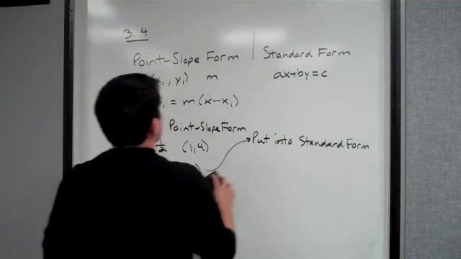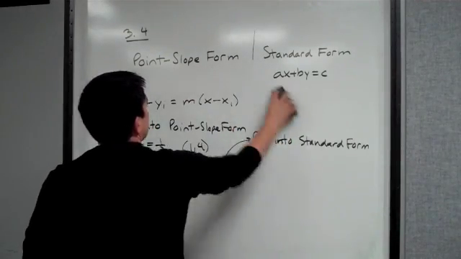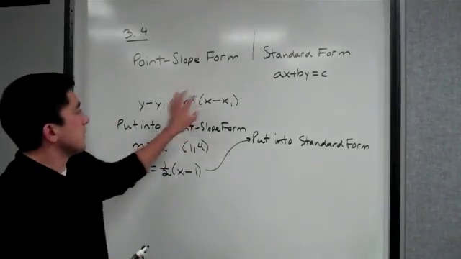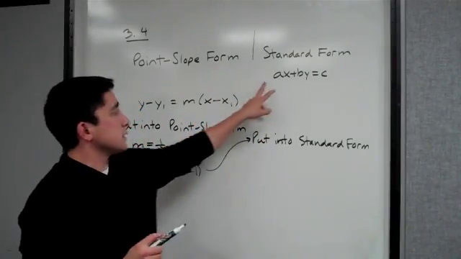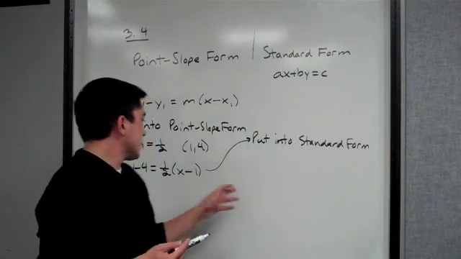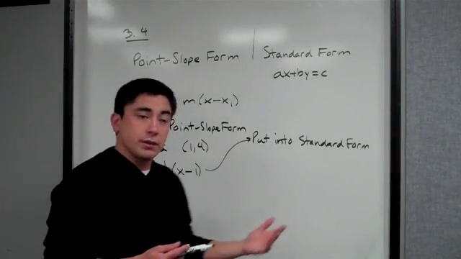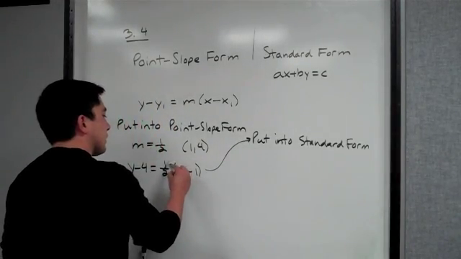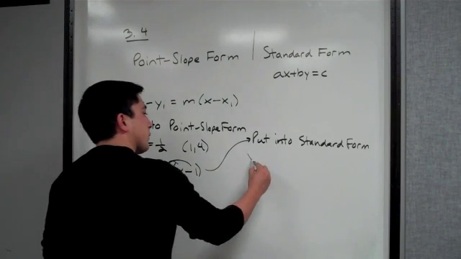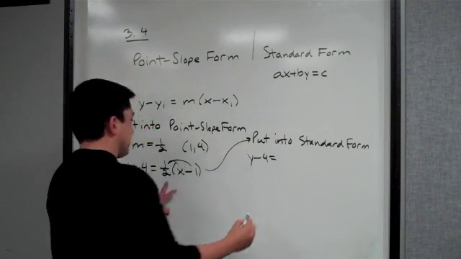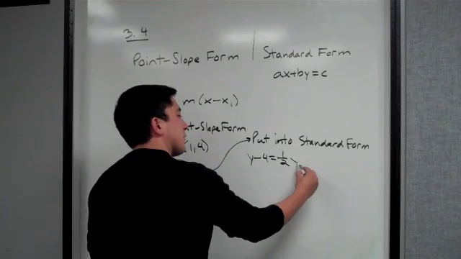The difference between standard form and point slope is standard form doesn't have any parentheses. So if we have parentheses and we want to put it in standard form, get rid of them. The way we get rid is we distribute. Okay? So we have y minus 4 is equal to 1/2 x.